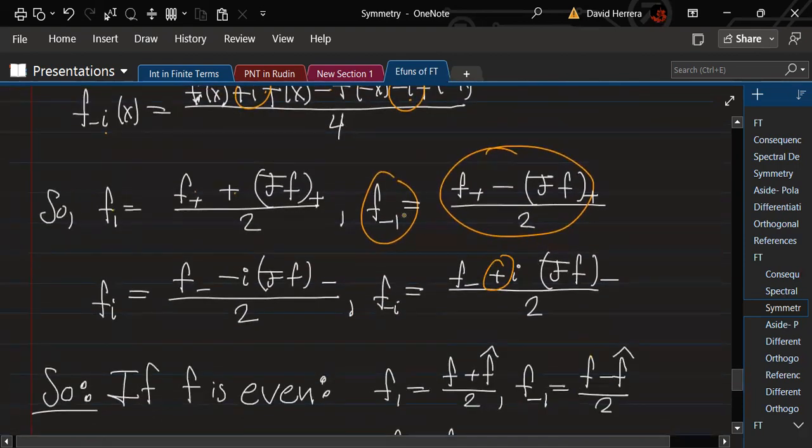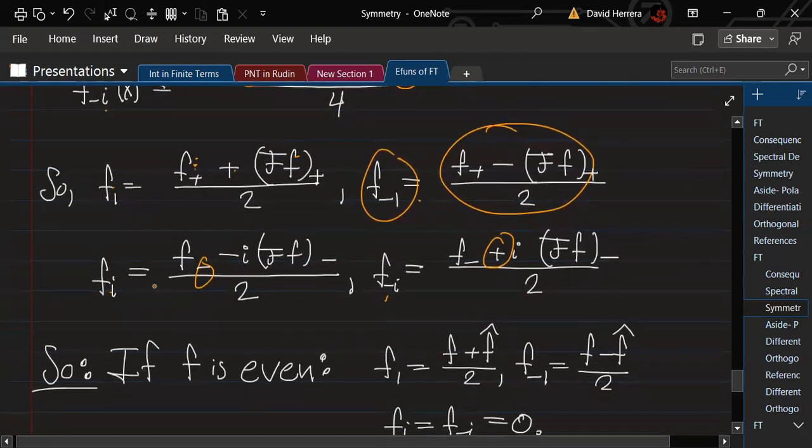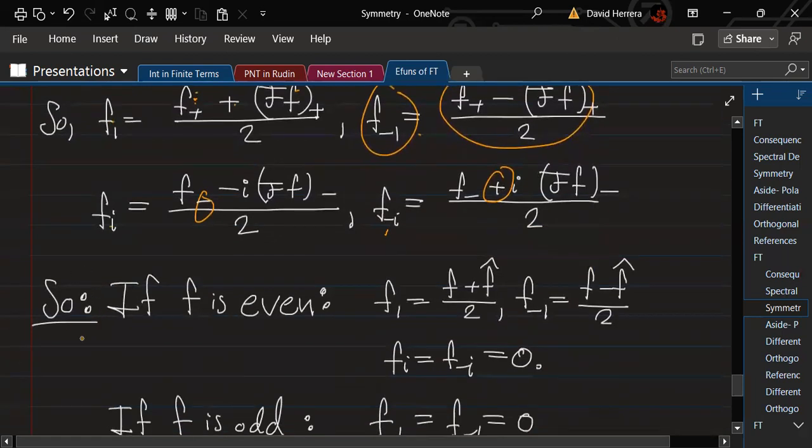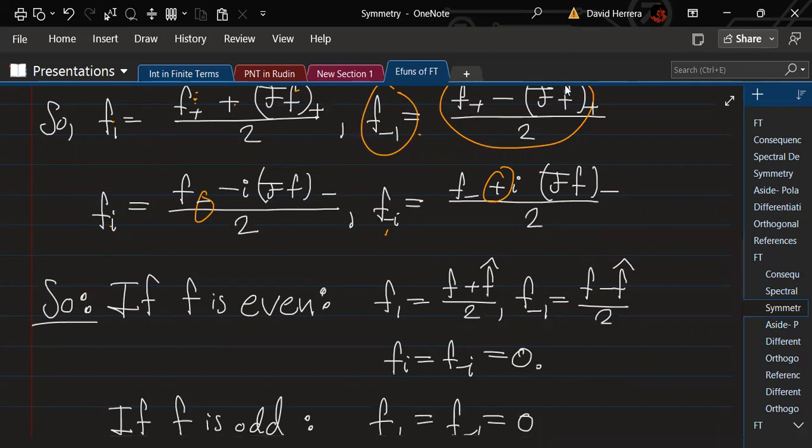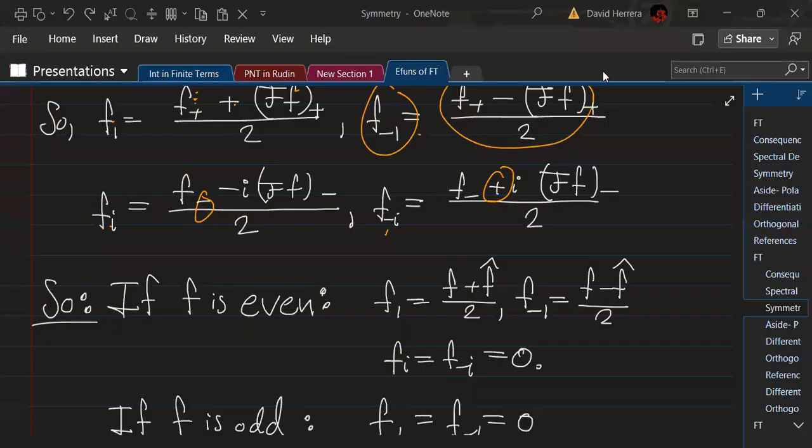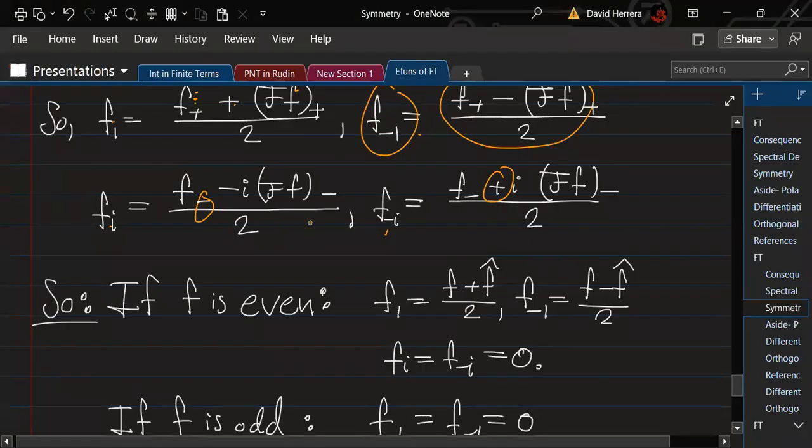So the point is we took f1, f minus 1, fi, f minus i, and wrote them in terms of the positive and negative parts of f and its Fourier transform. So what do we get from this? We get that if f is even, then f plus is just f.